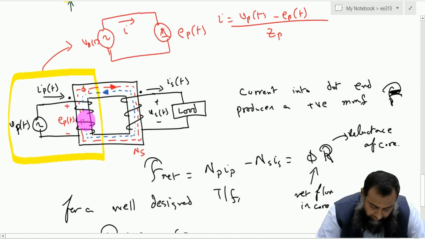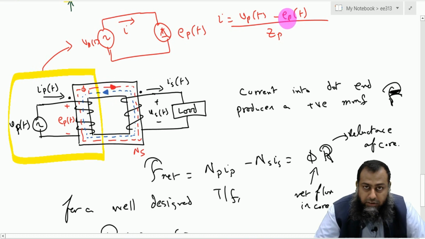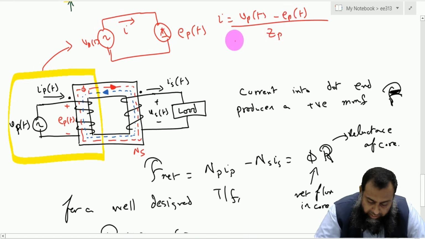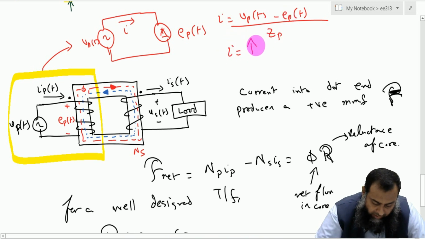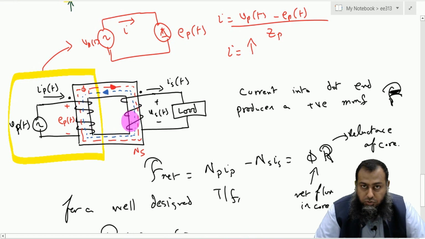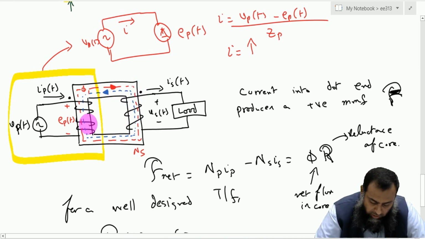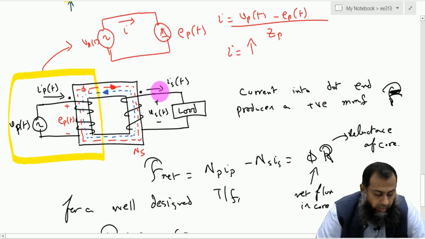Now as we have this counter flux generated by this IST, it will weaken this original flux. When this original flux weakens, then this EPT will reduce, thus this I shoots up, whenever we have a counter EMF produced in the coil, and thereby it balances out this flux which is produced by the flow of the secondary current, right?